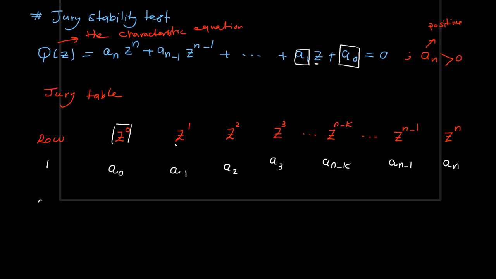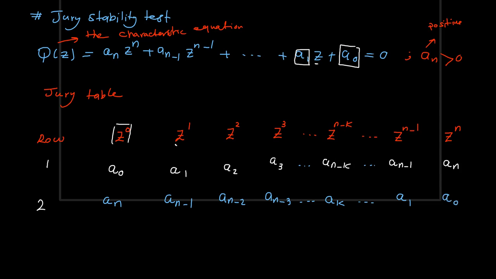Now the second line is actually the first line reversed. So this will be a_n, then a_(n-1), a_(n-2), a_(n-3), a_k, and this will be a1, and finally a0.